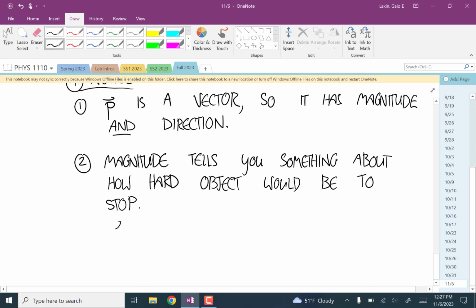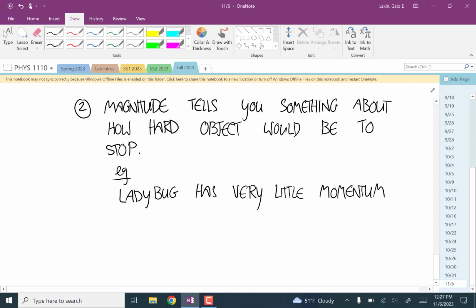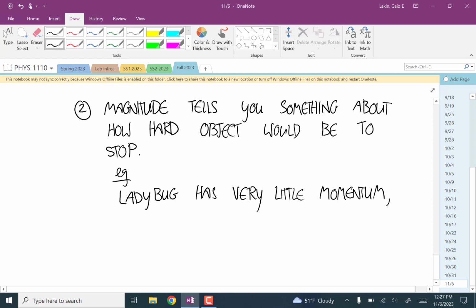So, for example, a ladybug has very little momentum. A train that's going full speed has a lot of momentum. If you had to choose which one of those you wanted to stop, you'd choose the ladybug. Okay.